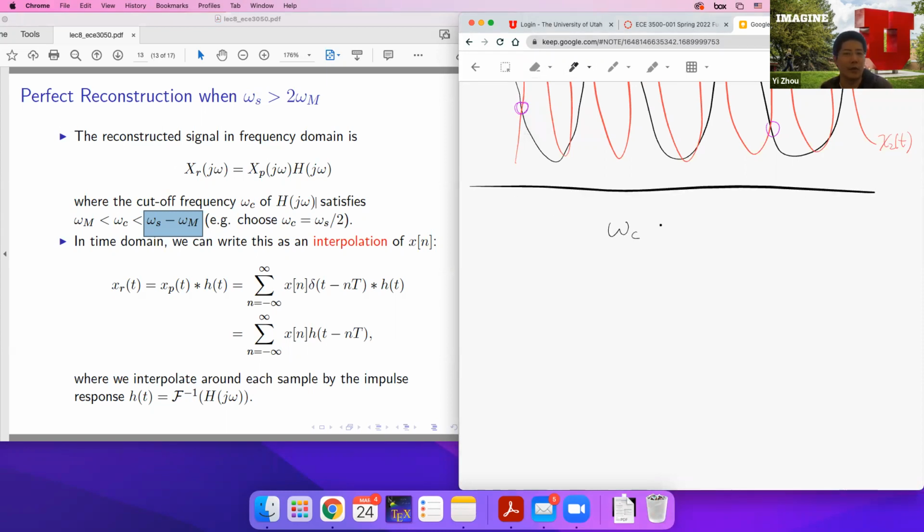First of all, your cutoff frequency must satisfy these two inequalities. And at the same time, in this case, you know that the sampling rate is greater than 2 times the bandwidth. Combining these two inequalities, you can verify that ω_c equal to 1/2 of the sampling rate is a feasible solution.